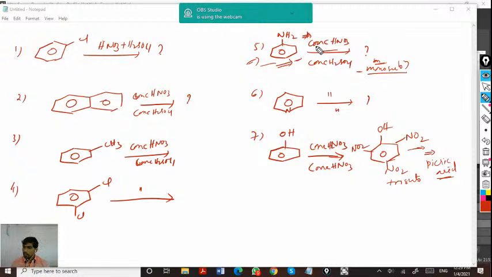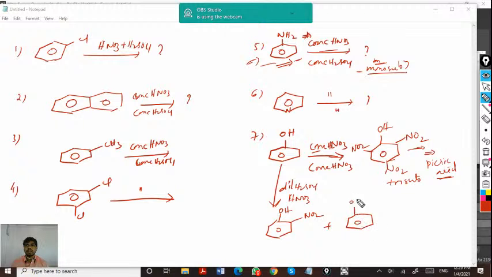To make a mono substituted product from phenol, if the nitronium ion concentration is high, we decrease the concentration of the electrophile by using dilute H2SO4 and dilute HNO3. So it results in the mono substituted product, ortho and para.